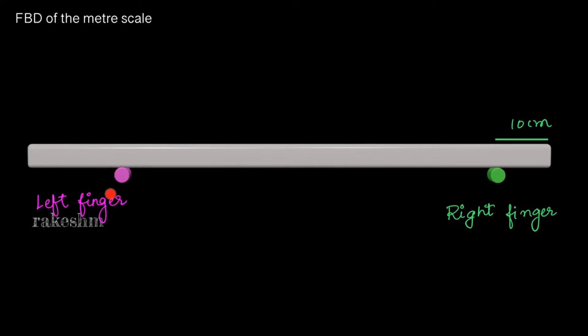After this stops, the right finger starts moving in this direction. Now this right finger has moved and stopped here, at a distance of XR from the center. And once it stops here, the left one again starts moving. So what we need to find is, what is this XR?